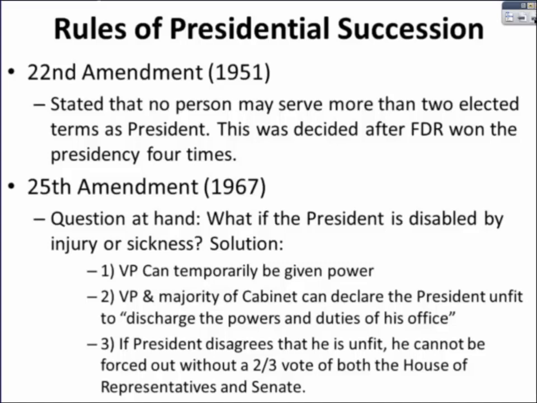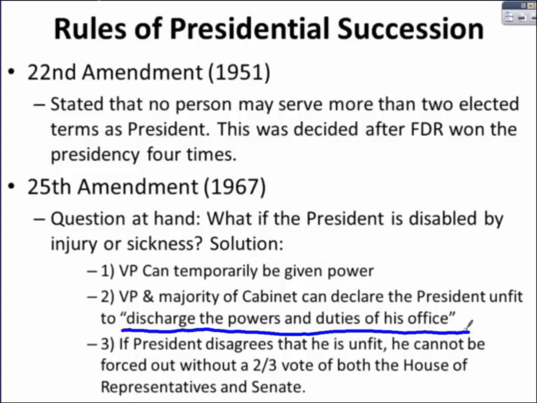discharge the powers and duties of his office. A famous example of this is from a Hollywood movie called Air Force One, in which Harrison Ford plays President of the United States, and when Air Force One is hijacked and he is on the plane, he is technically unfit to discharge the powers and duties of his office.